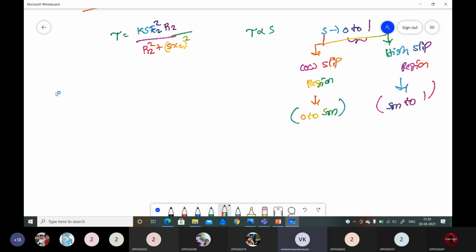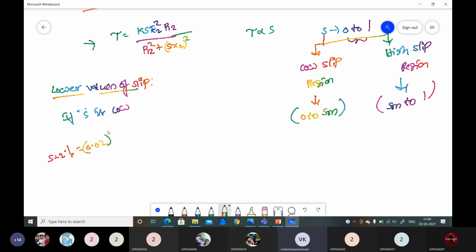Now at lower values of slip, if you observe this torque equation, the denominator has R2 square plus (S X2) whole square. If S is very low, S square is also very small. Suppose slip S is 2%, which means 0.02.